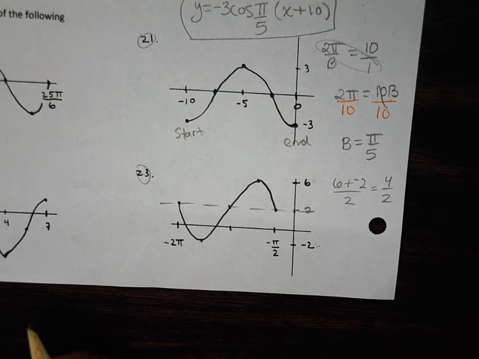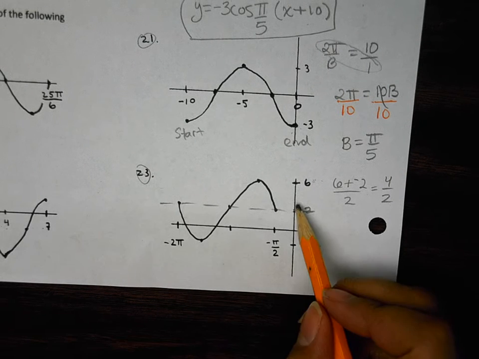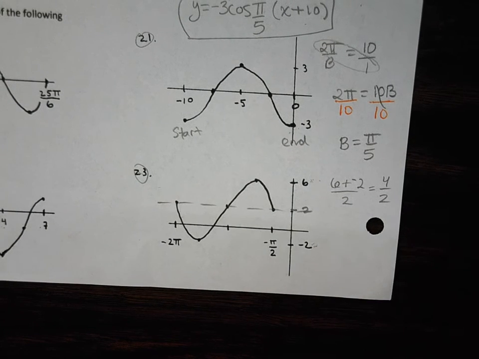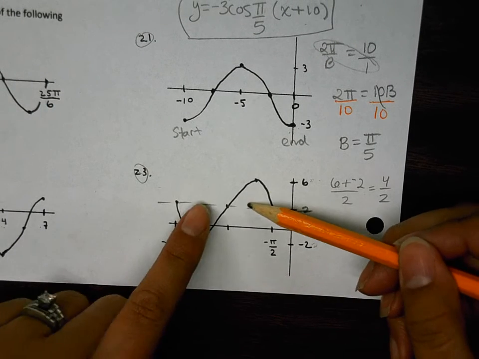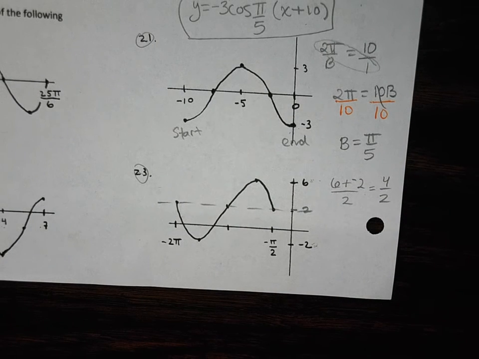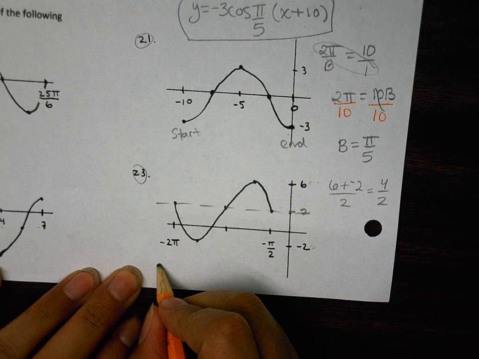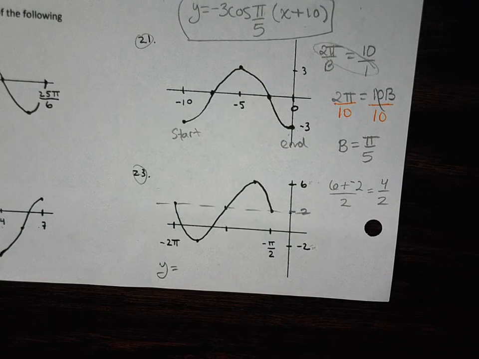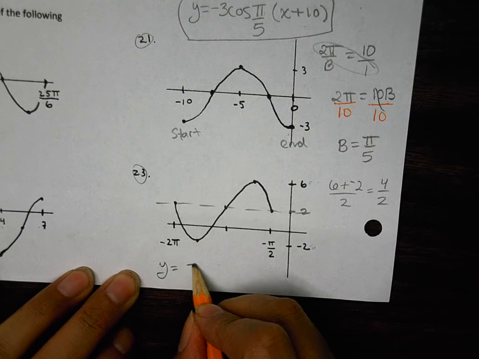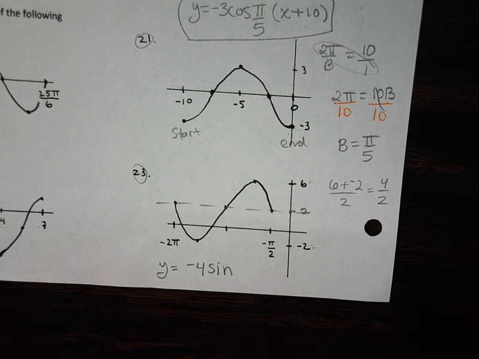From there, could you find your amp? Or could you find the amp the way we said earlier, the distance between the max and the min, and cut it in half? Your choice. Keep going. Anybody tell me the amp really quick? 4. All right, keep working.